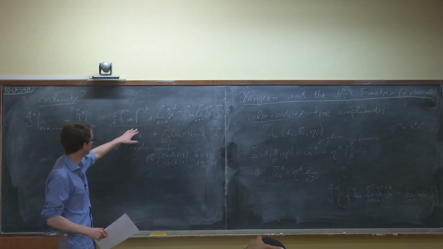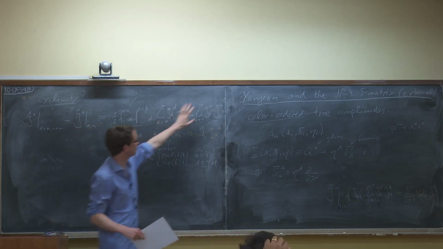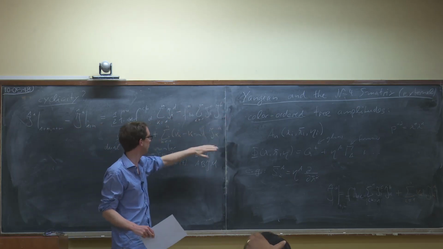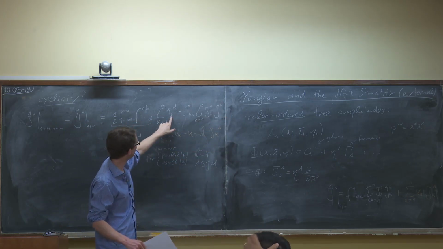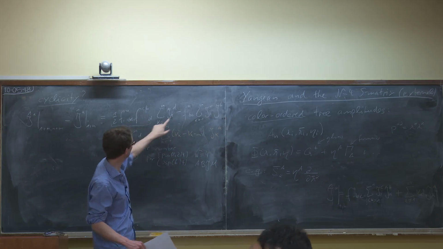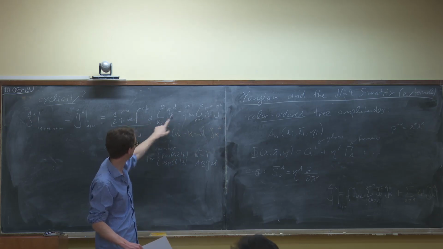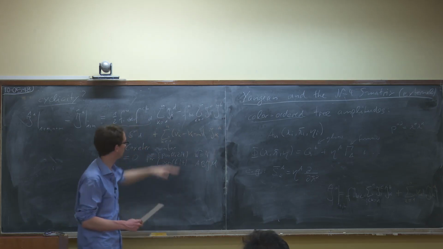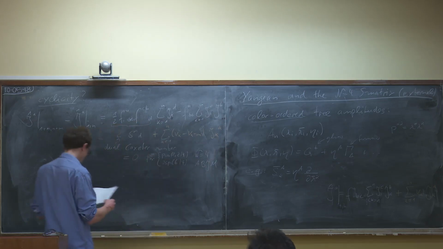So suppose the dual Coxeter number does not vanish, this term still drops out because we are looking at an invariant. I can still try to match the coefficients of these j_k here with these j_k, so I compare the coefficients here and here.